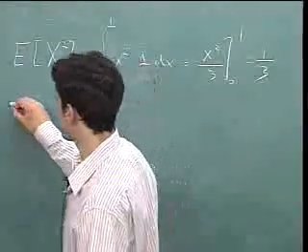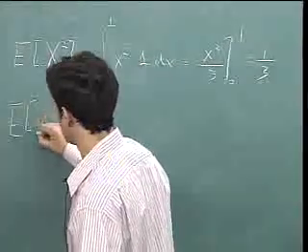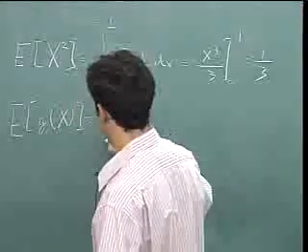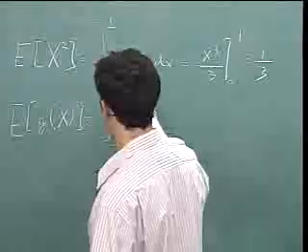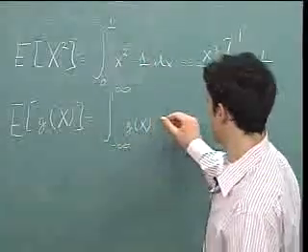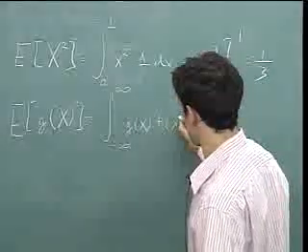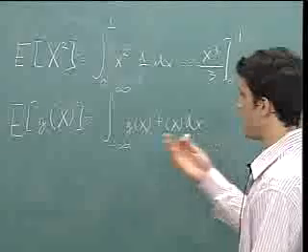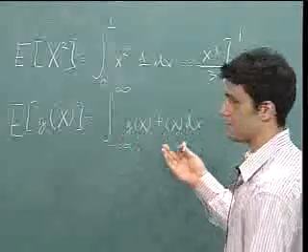This is just so that you can remember the general formula that if you have a random variable and a function of a random variable, then the expectation of the function is just the integral of the product of the value of the function times the PDF.